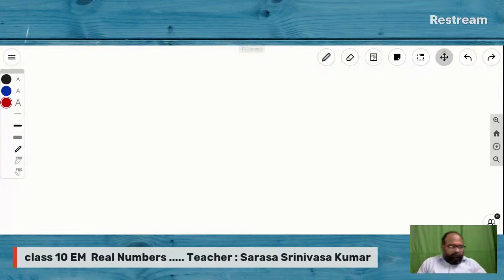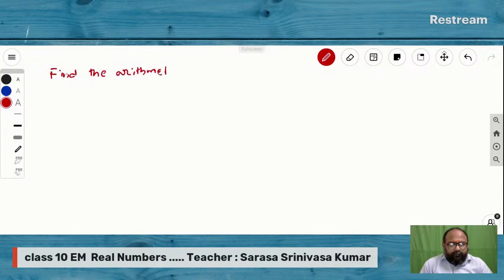Yes, students, I would like to give a problem to all of you. You try to solve it. Find the arithmetic mean of the following table.